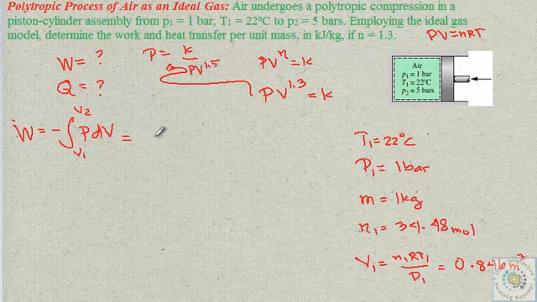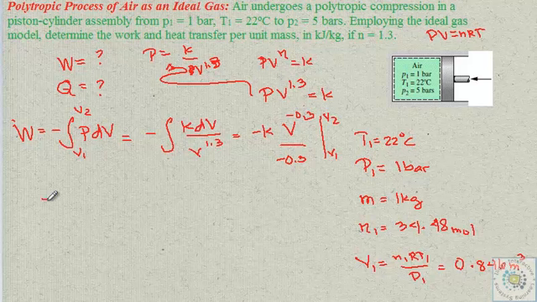So I'll have here negative integral of K dV over V to the 1.3. That leads to negative K times the integral of 1 over V to the 1.3, which becomes V to the negative 0.3 over negative 0.3, taken from V1 to V2.